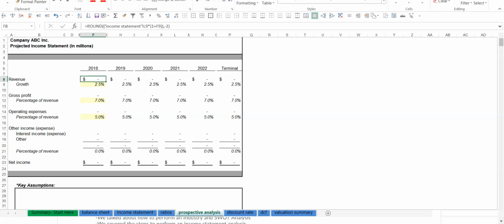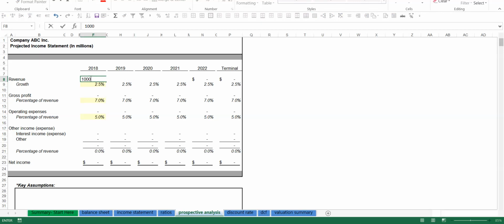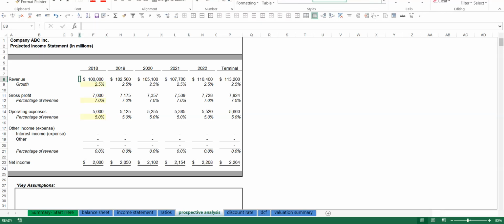For example, if you type in, let's say 100,000 here, what that's going to do is assume 2.5% growth from here on out. You could change this later if you wanted to. If you think there's going to be another spike in a couple of years, change that to 4.5.